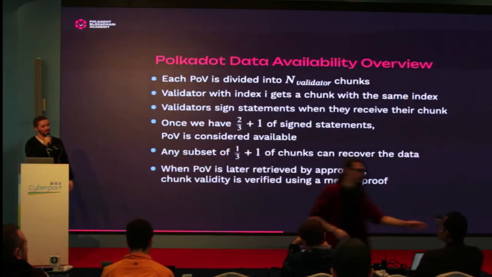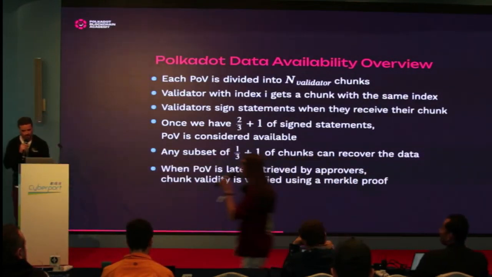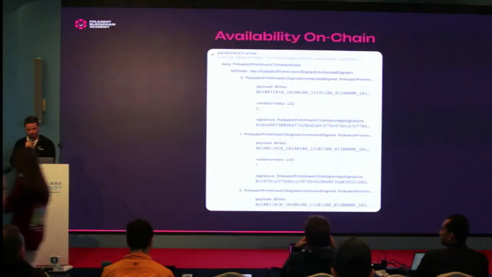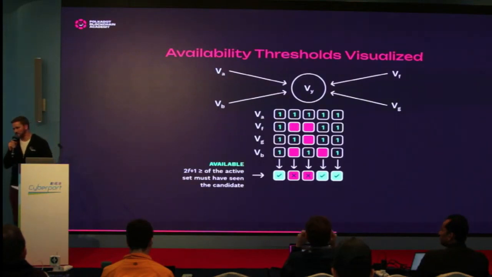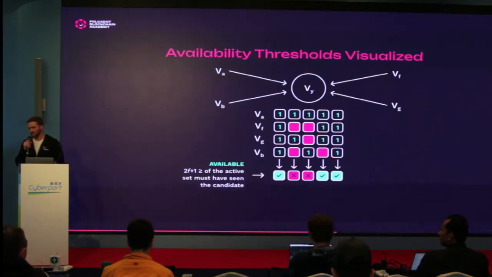Okay. Thanks. And one small extra thing, you mentioned that why do they have the same chunks? None of the chunks are the same. They are different chunks. They're for the same POV, and they will be used to reconstruct that POV, but they are different points on this huge line.